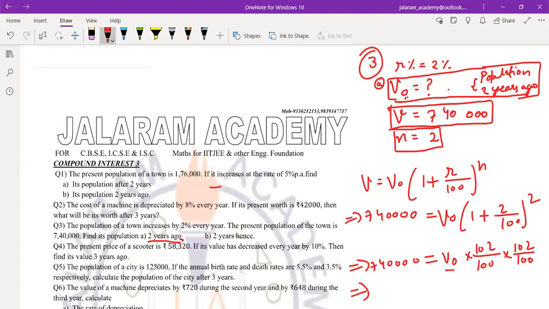So to find V naught, all the terms with V naught will be shifted to the other side. So on the other side there is 7,40,000. This 100 goes to the numerator, 100 into 100 over 102, and the denominator is also 102.